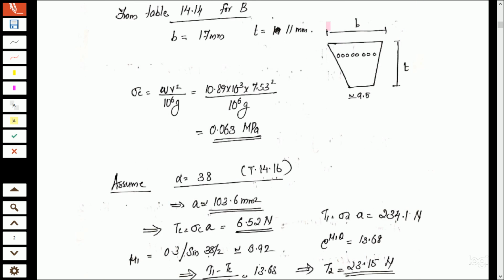Please don't forget, this is a very important step. After the completion of the design calculation, you should draw a rough sketch and mark the dimensions. So you have the value of B and T here. I will calculate the value of sigma C. This is a very common equation. Centrifugal stress I will calculate, and I am going to get the value as 0.063 megapascal.